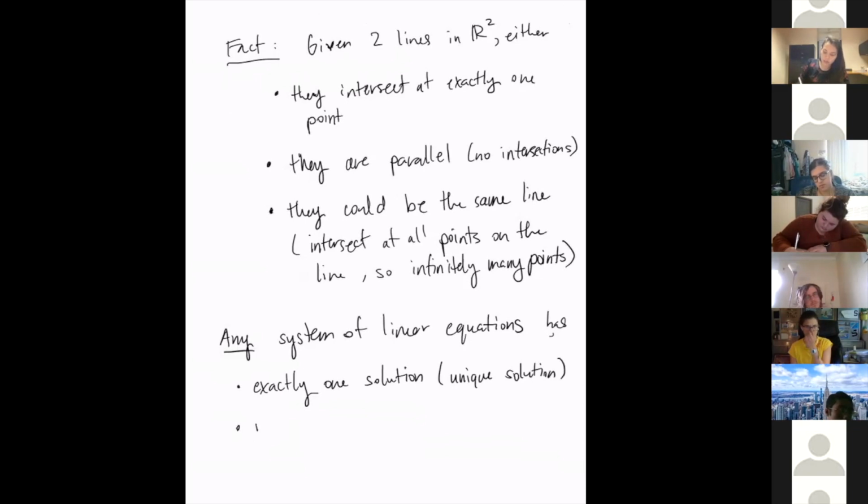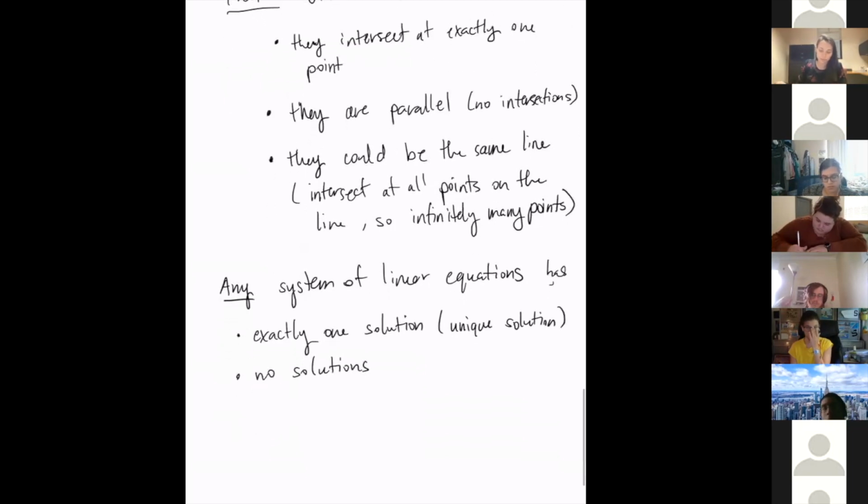Or it has no solutions, which happens when the lines do not intersect, right? Or finally, it has infinitely many solutions.